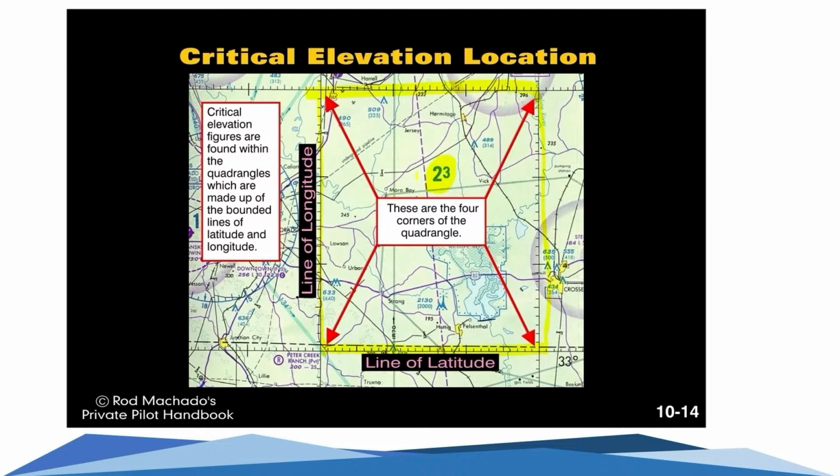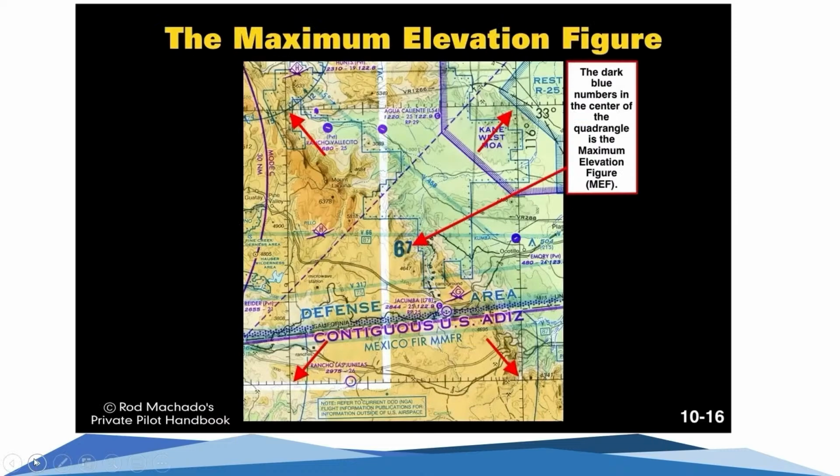That number is called your maximum elevation figure, or MEF for short. It's saying that the highest obstacle within that area is, in this case, 2,300 feet. The big 2 represents the thousands, and the little 3 represents the hundreds. That could be man-made or naturally occurring.